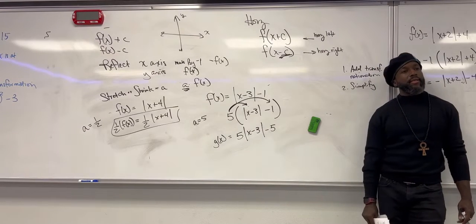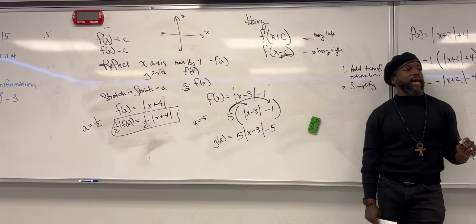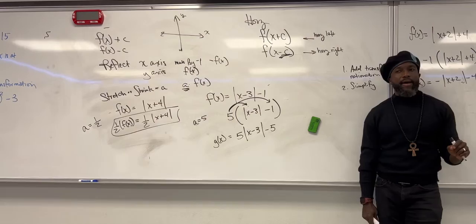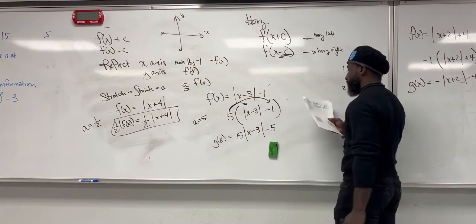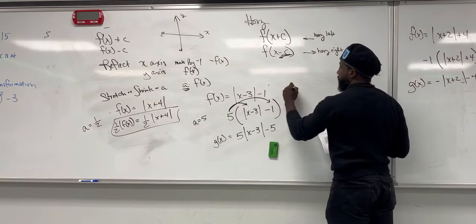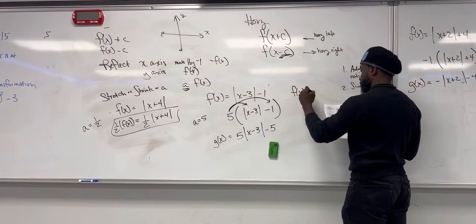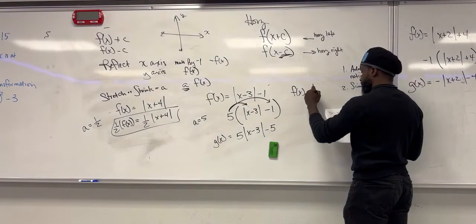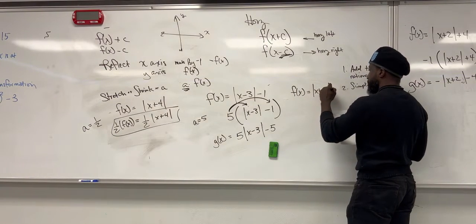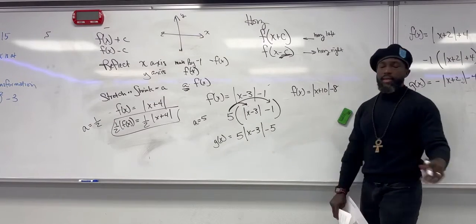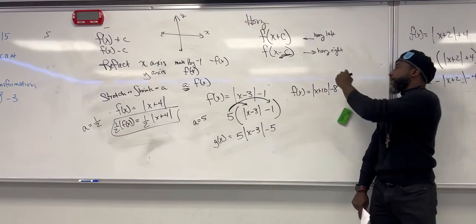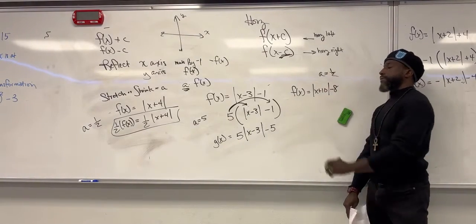Number 6. This one shrunk by a factor of 1/2. So write down what the answer is. I'm going to write the problem down, and then we'll catch up with each other. For number 6, we got f of x equals the absolute value of x plus 10, minus 8. A equals 1/2 here.